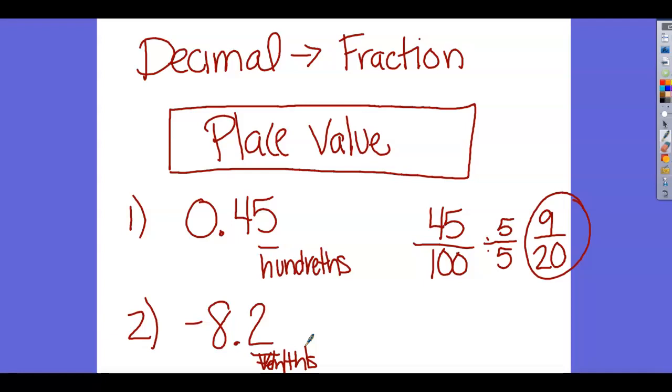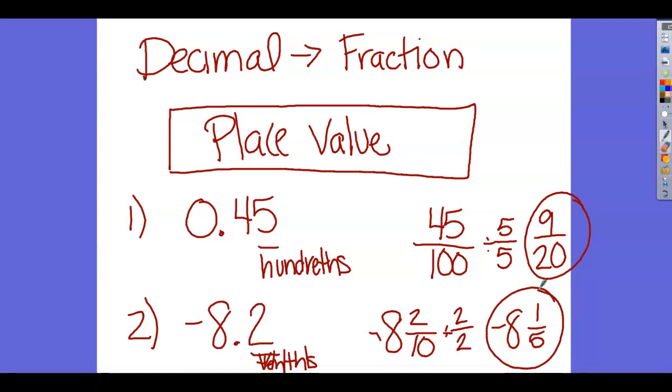So then I would have my whole number, which is negative 8. That does not change. And then the 2 is in the tenths, so 2 over 10. Again, 2 and 10 can both be simplified by 2. So my final answer will be negative 8 and 1/5. All right, so that is it for this page.